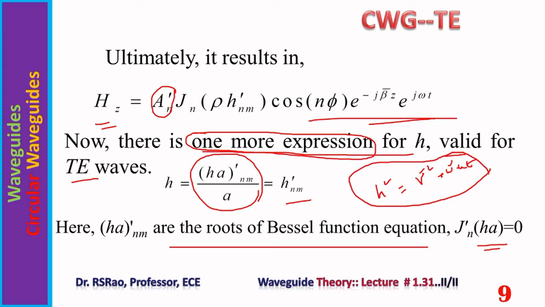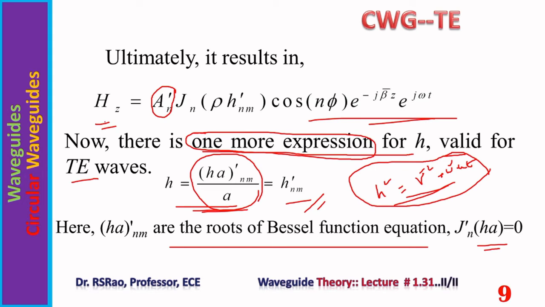This is the relation for h, derived in the first part of the analysis of circular waveguides. Now we have another expression for h: h is h'_nm by a. Of course, this expression is valid for TE waves.